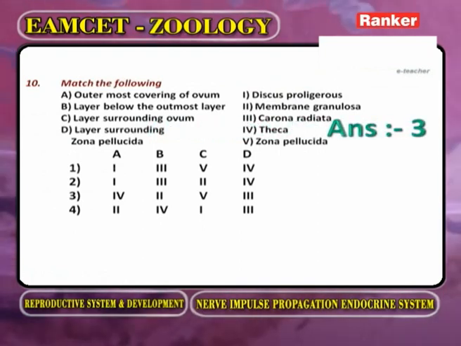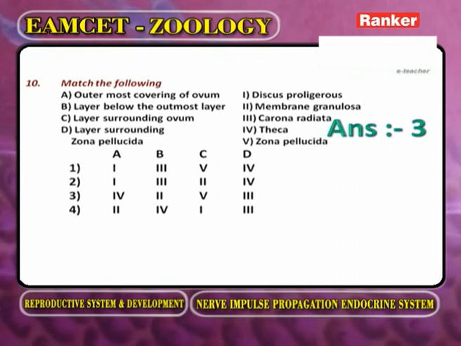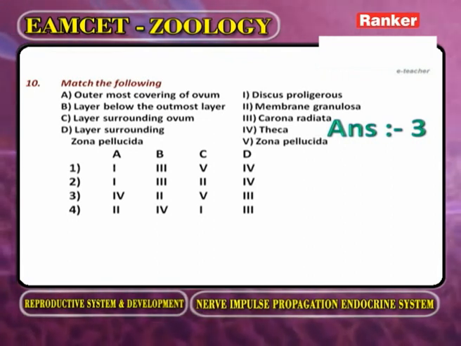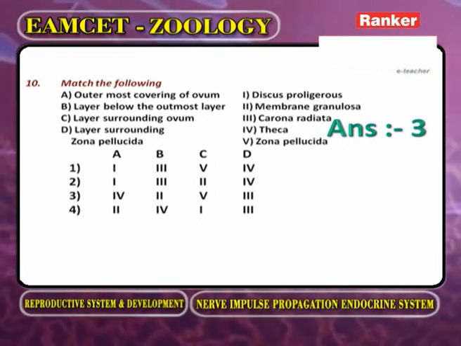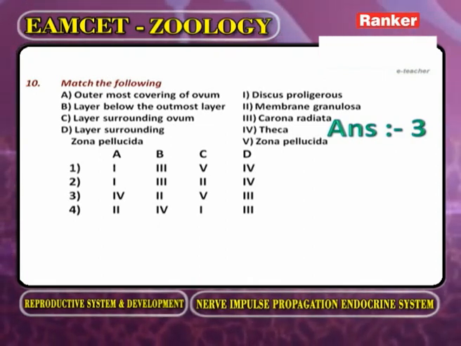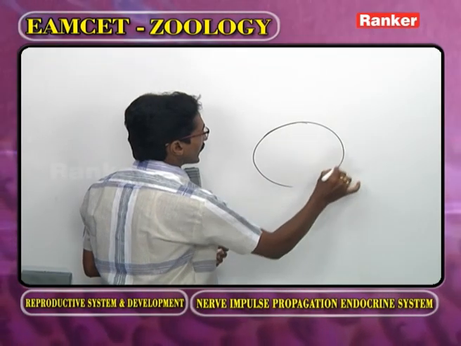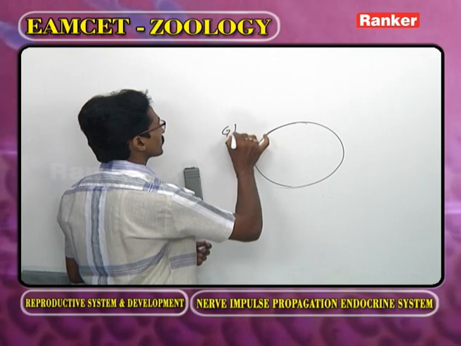Now again, match the following. List 1: outermost covering of ovum, layer below the outermost layer, layer surrounding the ovum, layer surrounding the zona pellucida. Now as we observe the female reproductive system, this one we call the Graafian follicle.